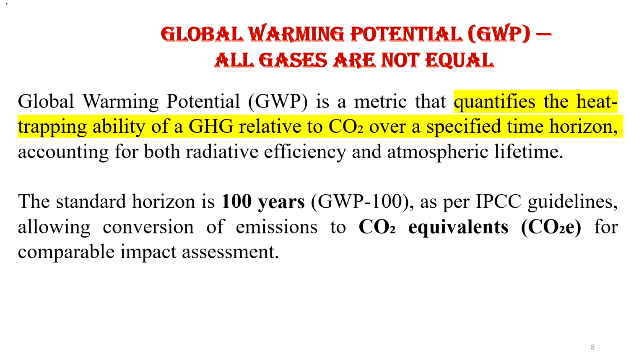The standard metric is the 100-year global warming potential as per the IPCC guidelines, which allows the conversion of emissions to CO2 equivalents for comparable impact assessment. Basically, all the gases are converted into CO2 equivalents because we can't say that 1 ton of methane is equal to 1 ton of carbon dioxide.